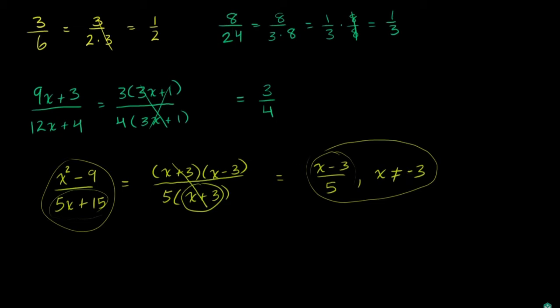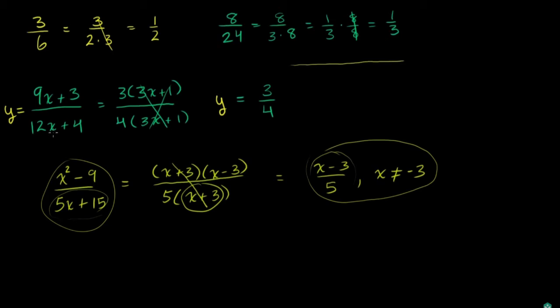And so likewise, over here, if this was a function, let's say we wrote y is equal to (9x plus 3) over (12x plus 4), and we wanted to graph it. When we simplify it, the temptation is, oh, well, we factored out a 3x plus 1 in the numerator and the denominator. They cancel out. The temptation is to say, well, this is the same graph as y is equal to the constant 3/4, which is just a horizontal line at y equal to 3/4. But we have to add one condition.